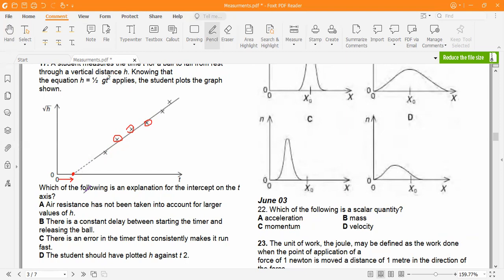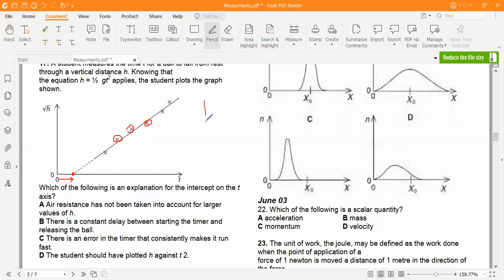Is this clear? Whenever there is a change in the y-intercept, it is because of a systematic error. Remember we did that example of zero error.